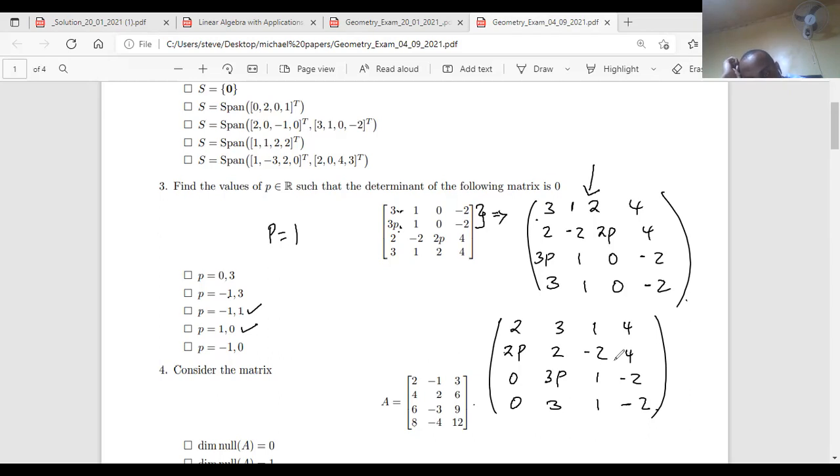I was just trying to do this because I wanted to use the column with the greatest number of rows to find the determinant. For example, that determinant is going to be 2 times the determinant of 2 minus 2, 4, 3p1 minus 2, 3, 1 minus 2.